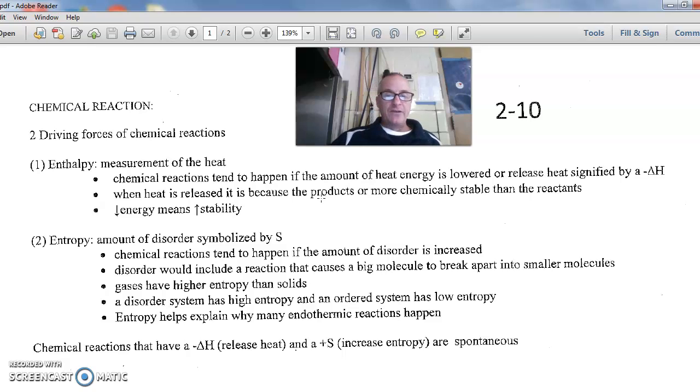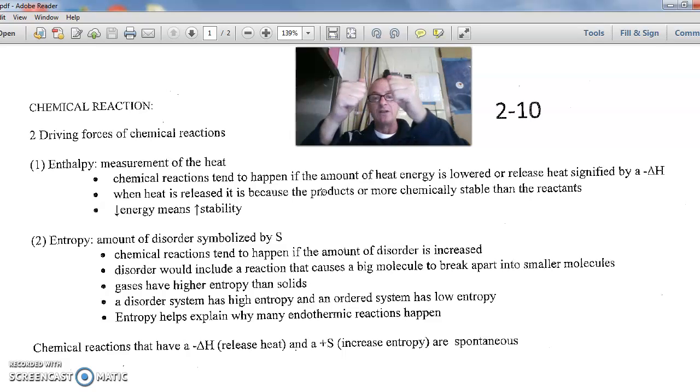Why is it that some reactions release energy and other chemical reactions overall take in energy? It's because there's a trade-off. When the heat is released, what we know is the products are more chemically stable than the reactants. What that means is that breaking the bonds of the reactants may not have required that much energy. Why? Because the bonds were not super strong and they were easy to break.